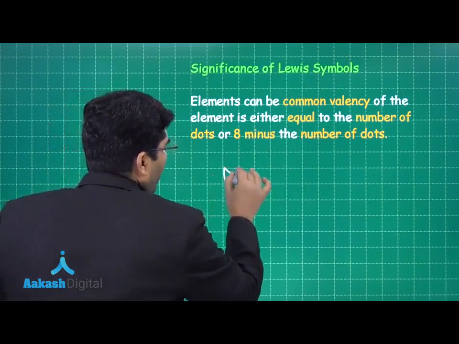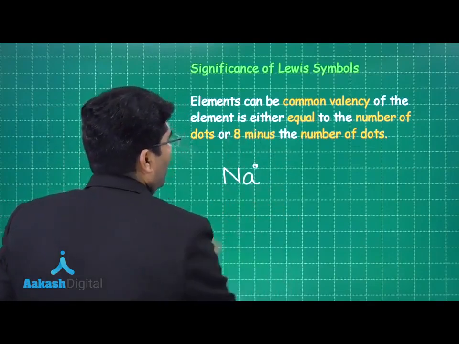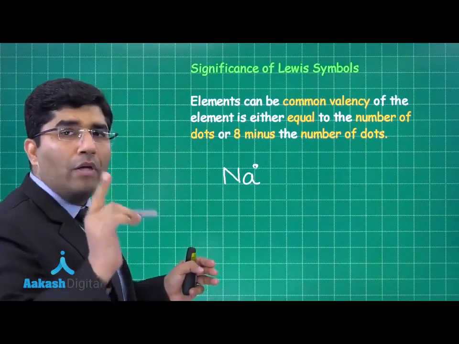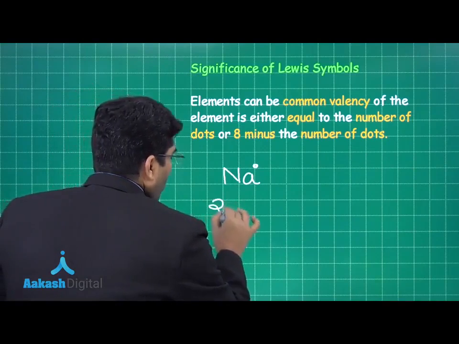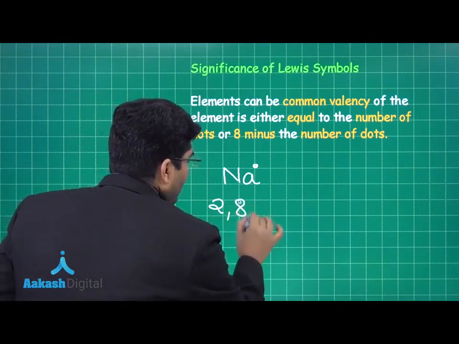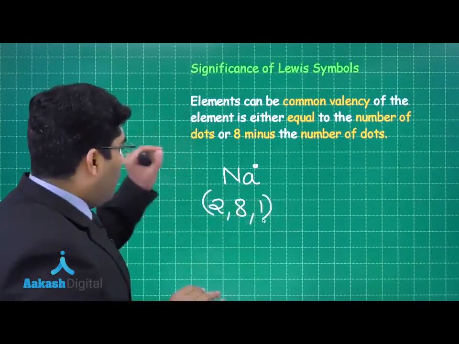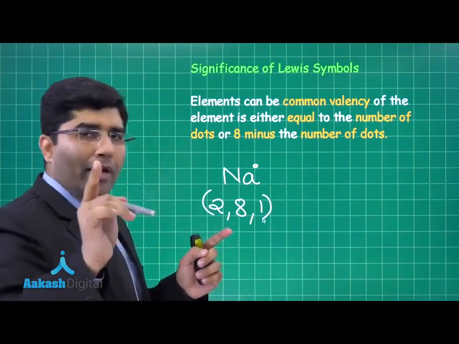If I write the Lewis symbol, I will write like this. This is sodium, and you can see that there is one dot over sodium. Therefore, the configuration is 2, 8, 1. We put one dot. The valency of sodium is 1.